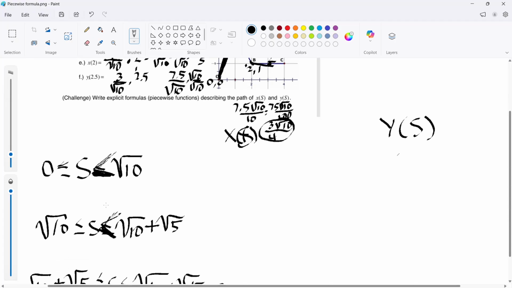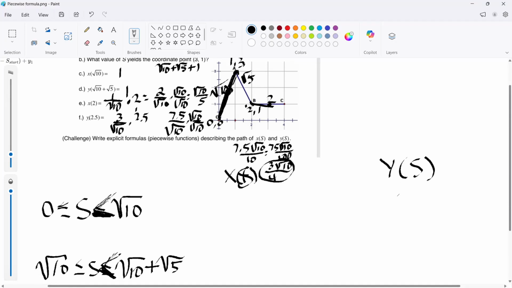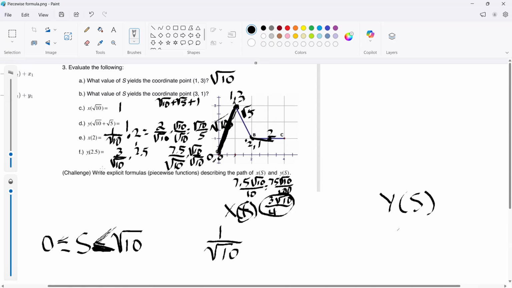Now, to write the x value of the function, I'm going to take the x value when I started and add it at the end. Well, in this case, it's plus 0. I will take the final value of the x function, which in this case is 1, to get to the end of that segment, so it's 1 divided by the distance or length, square root of 10, times s minus whatever came before.